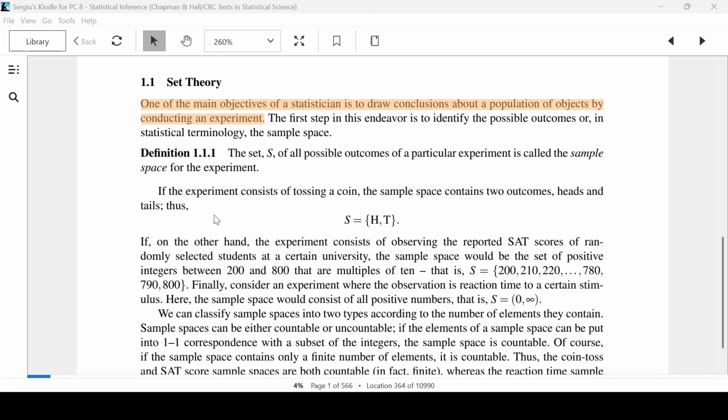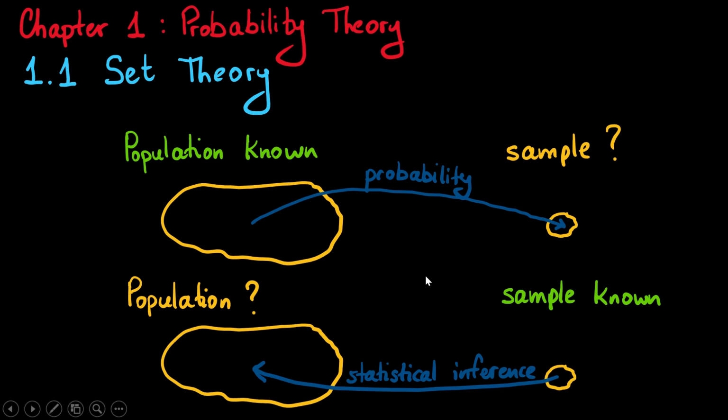But to start off with, I think it is sufficient to think of an experiment as the process by which a sample is obtained from a known population. So you start off with a known population, and through the process of an experiment you obtain a sample.